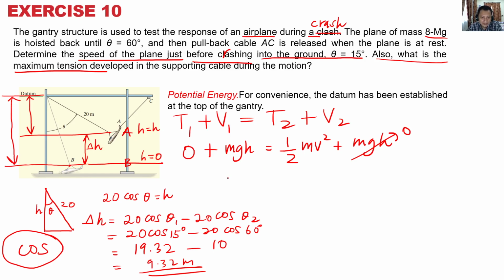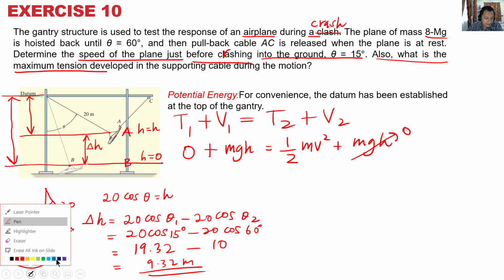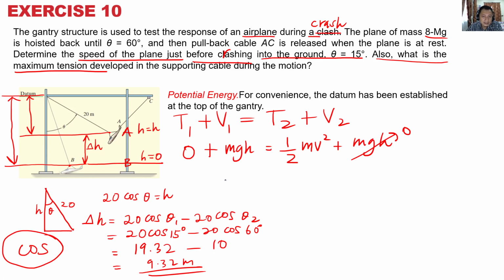So now we can plug in the formula. mgh, the weight is 8 megagram, times 9.81 times height 9.32, equals half times 8,000 v squared.